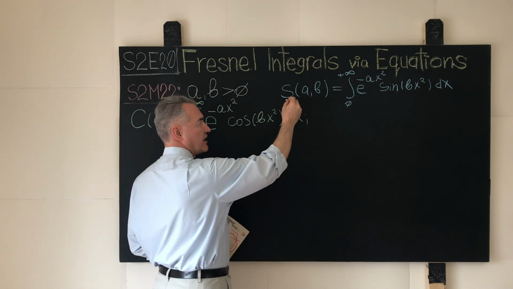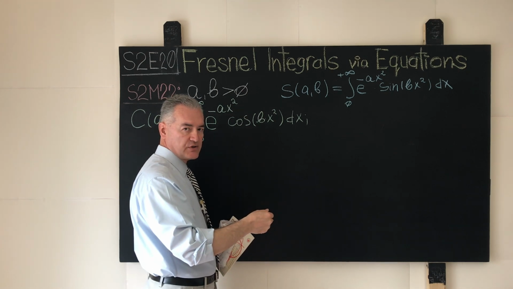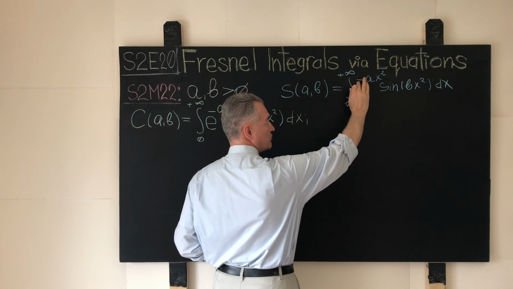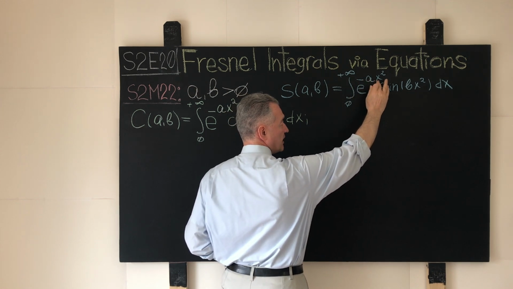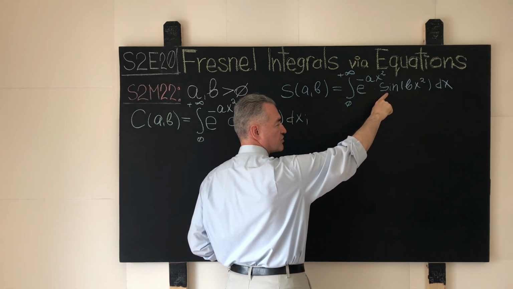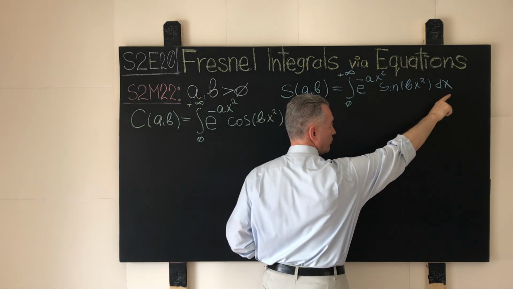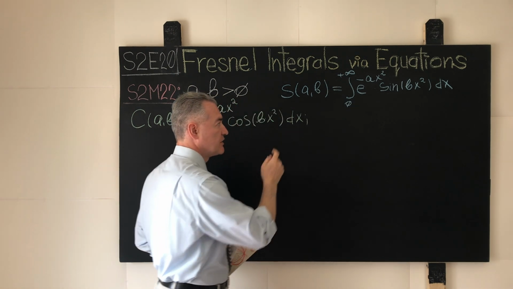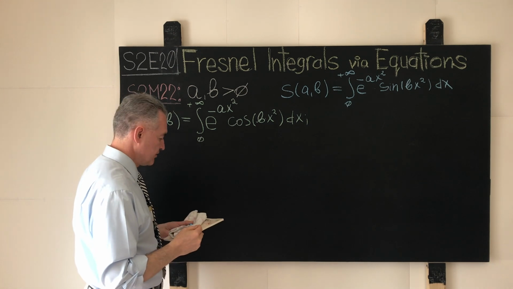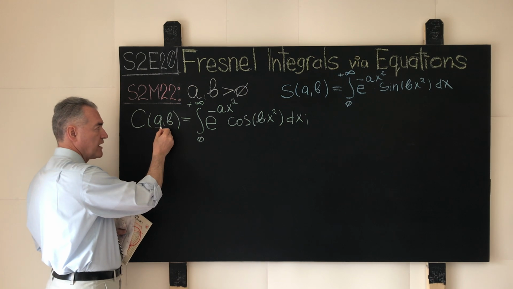Likewise, the function s of a and b is an integral over the positive branch of the real axis of e raised to the negative a times x squared power, multiplied by the trigonometric function sine evaluated at b x squared, and the whole thing is integrated over the dummy variable x.